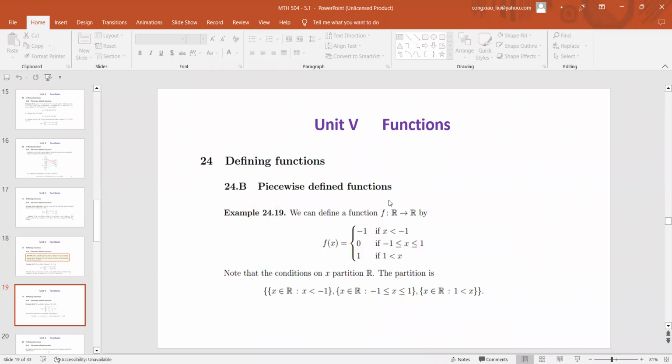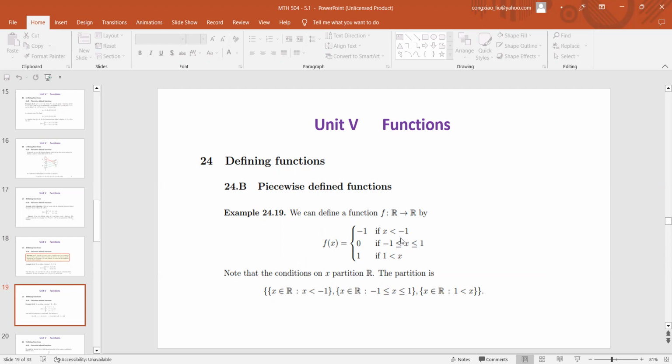And for the next example, we define another piecewise defined function from R to R, from real numbers to real numbers, by 3 pieces. We partition the whole domain R into 3 subsets. The subset of x less than -1, the subset of x greater than or equal to -1 and less than or equal to 1, and the subset of x greater than 1. And this partition is correct.